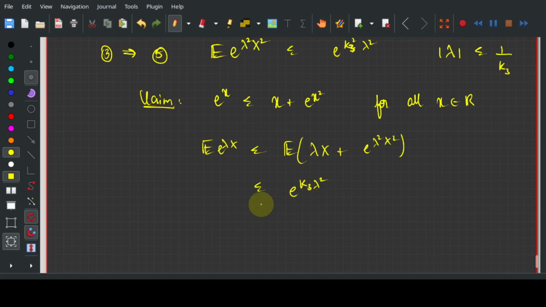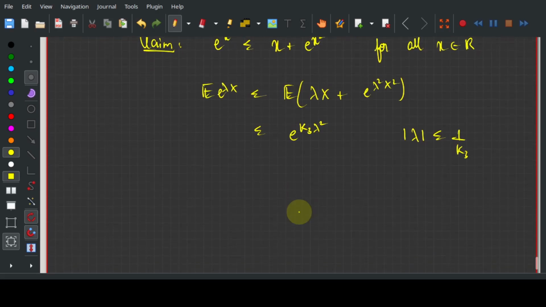But now there's a catch, right? Because expectation e to the lambda square x square is less than or equal to this only for lambda lying in a certain range. But I want something stronger. I want this bound to hold for all lambda in R. Correct? So what can I do about this?